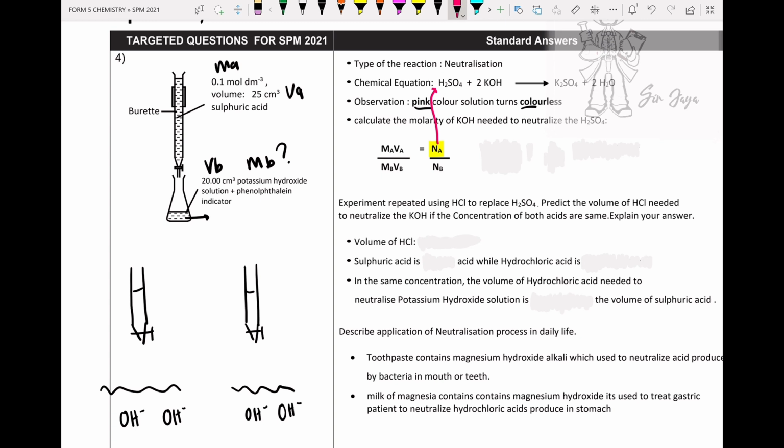So from the equation, 1 mole, and this one from the equation will be 2 mole. All right, so apply in the formula. I take this one, put 25 here, the volume of acid. The 20 will be the volume of base. Then the Mb I need to find. So I put the number of moles from the equation, 1 mole and 2 mole, and get the answer. 0.25, and the unit will be mol dm negative 3.